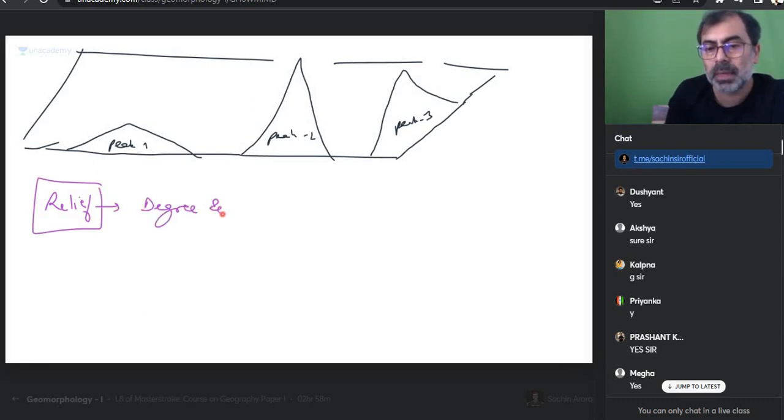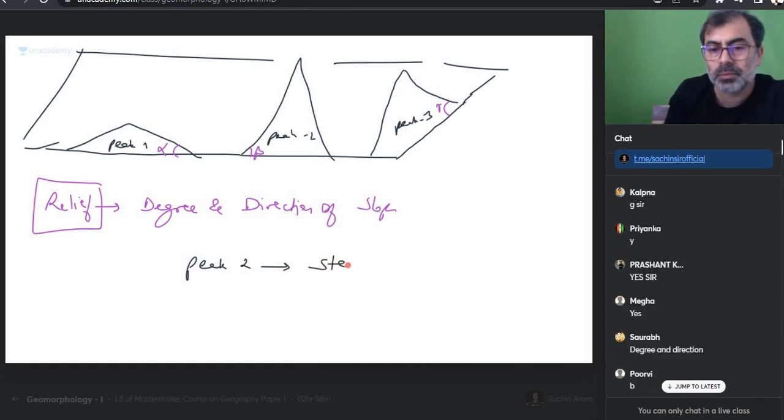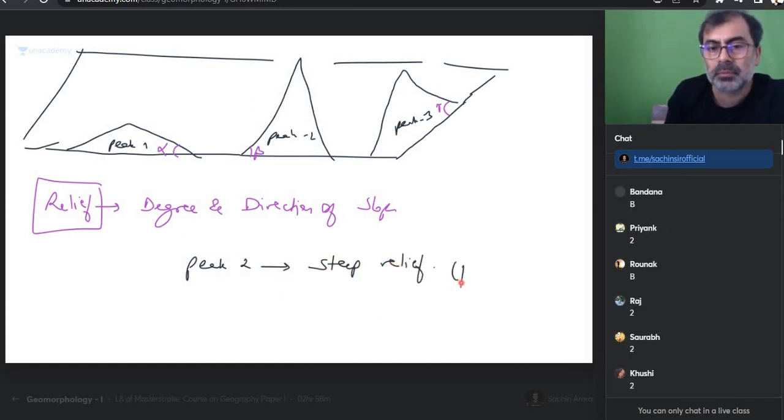Degree and direction of slope. Alpha, beta and gamma. Which is the highest angle? Peak 2. Steep relief. Beta is the highest angle, no? Peak 1 is what? Gentle relief.